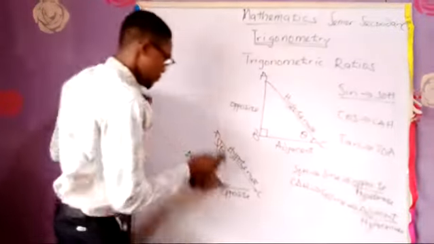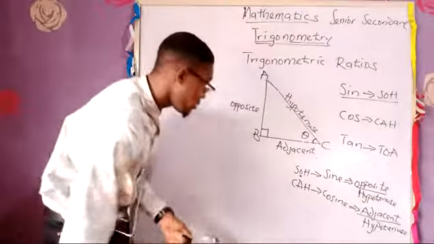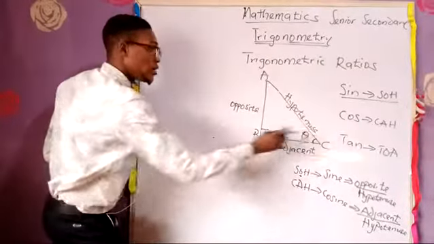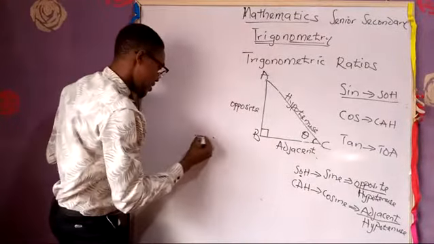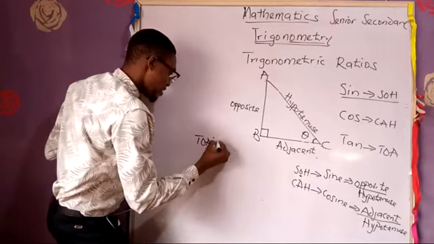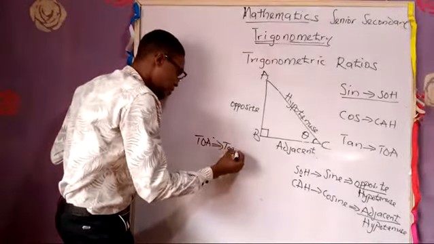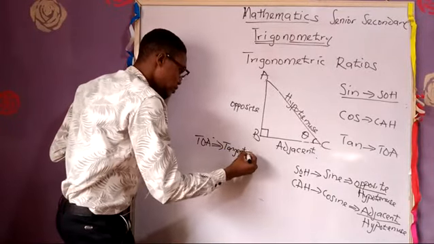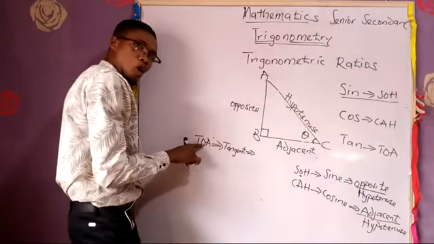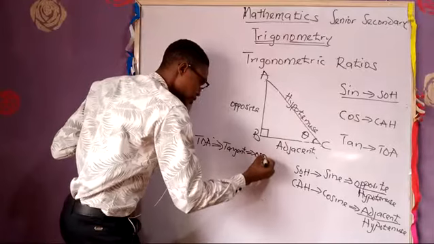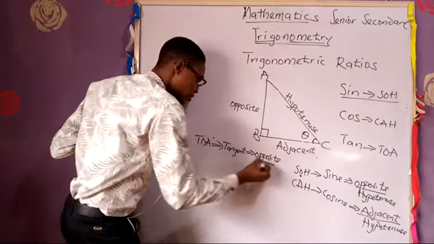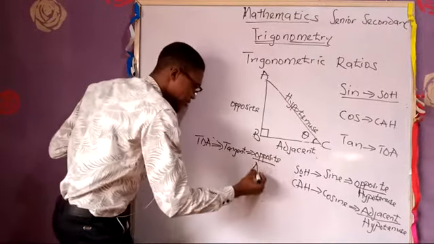Okay. Last one is the what? TOA. TOA stands for what? Tangent. Tangent is opposite over what? Over adjacent.